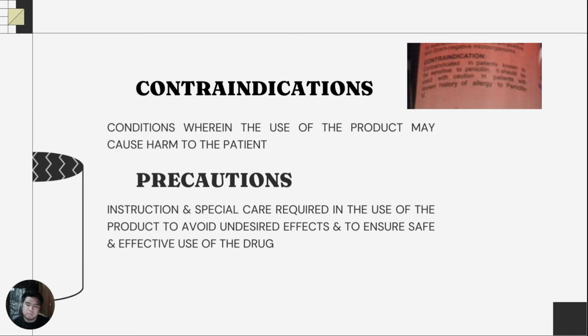Ang contraindication is bawal. For example, hypersensitivity to losartan or other sulfonamide-derived drug. And next is the, when we say precaution, ito yung pag-iingat. For example, observe patient for possible sign of fluid or electrolyte imbalance.